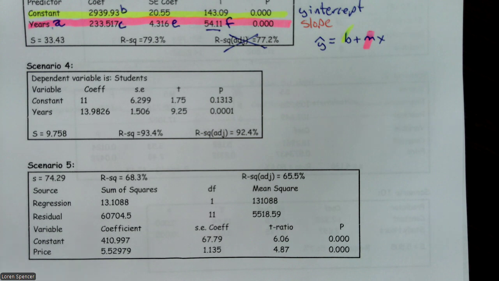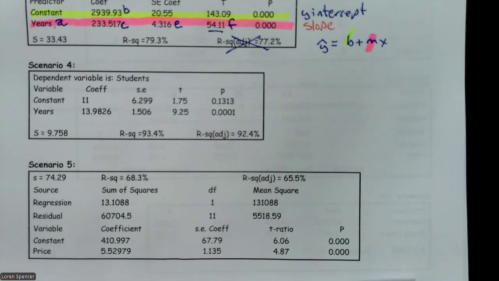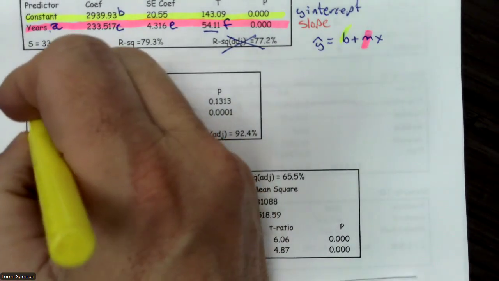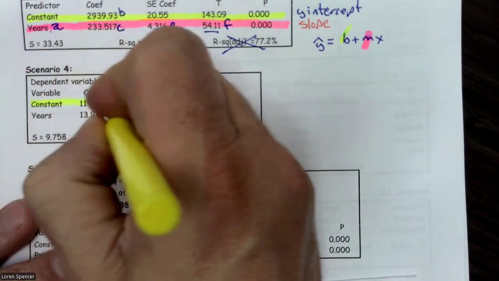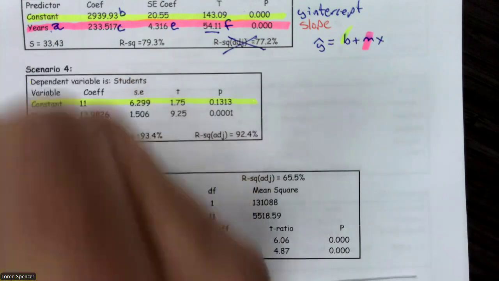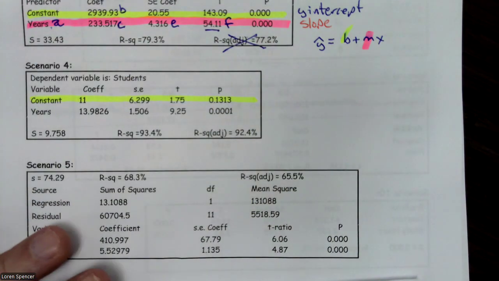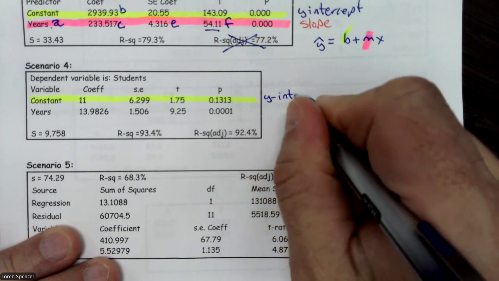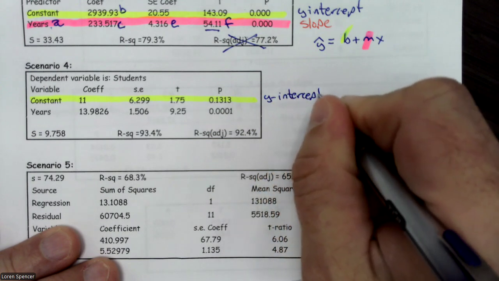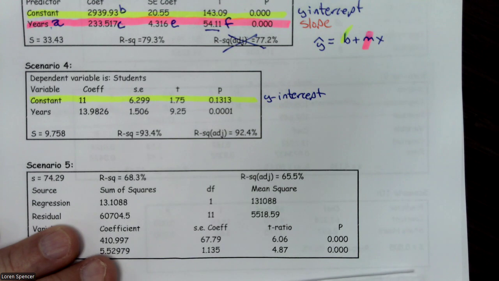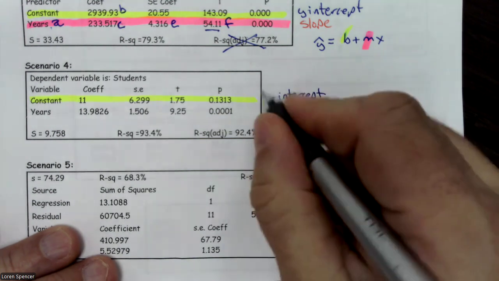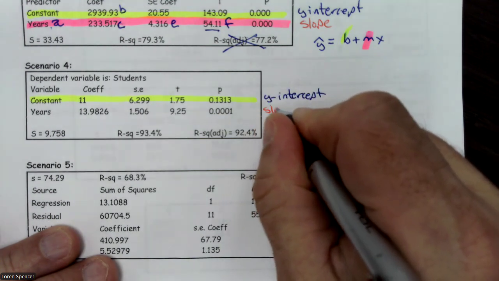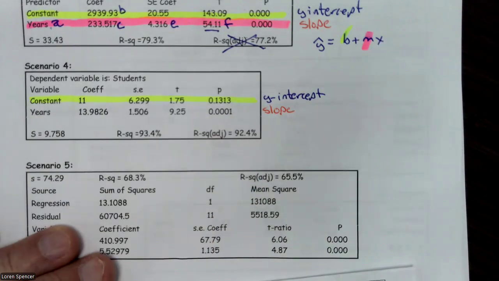All right, once again, let's identify our y-intercept row. So that's my y-intercept row. And if you notice, we have a bunch of different looking computer printouts, but they're all set up basically the same way. You need to identify the word constant.